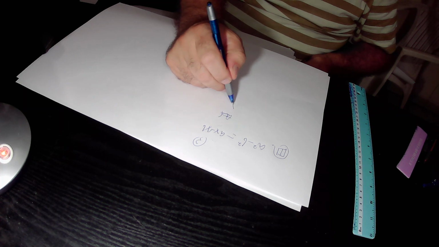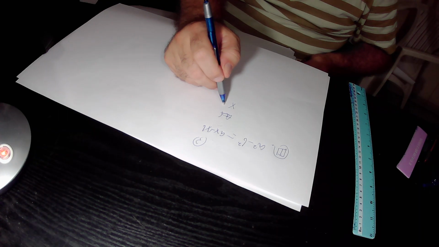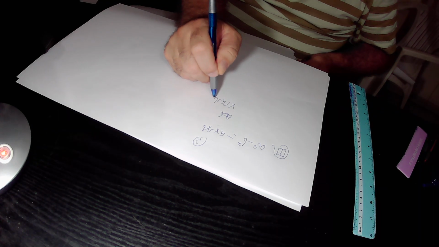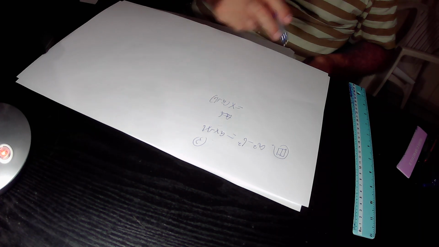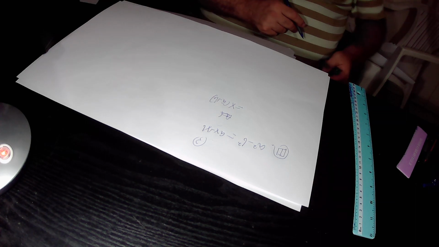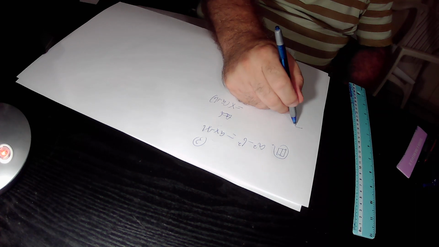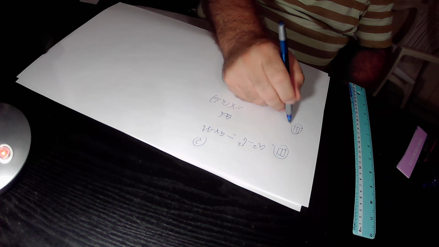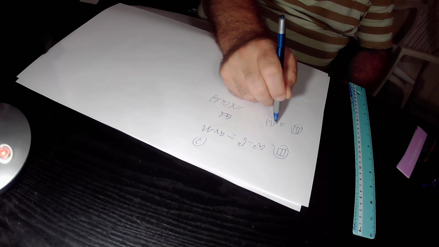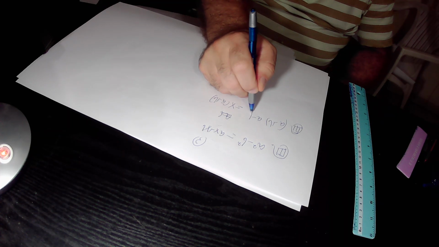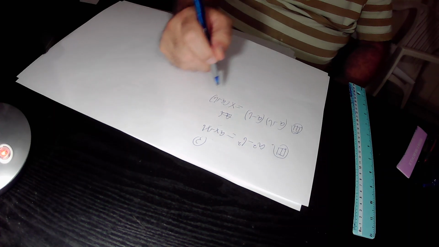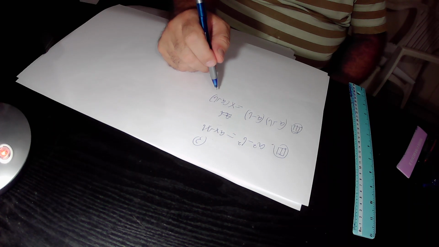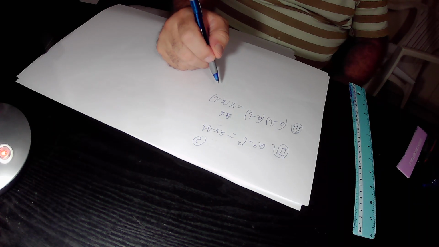Inside the brackets we are left only with a plus b, and a squared minus b squared equals a plus b times a minus b. So in total, we found out that a plus b times a minus b equals x times a plus b.